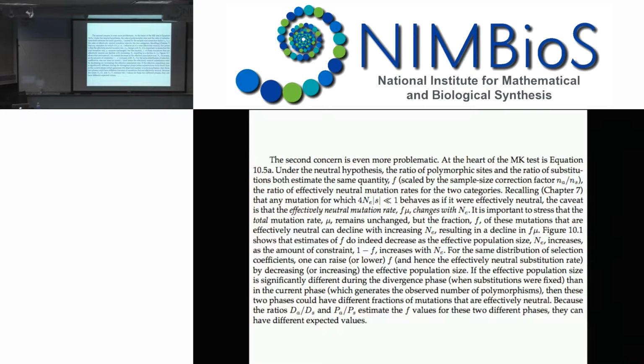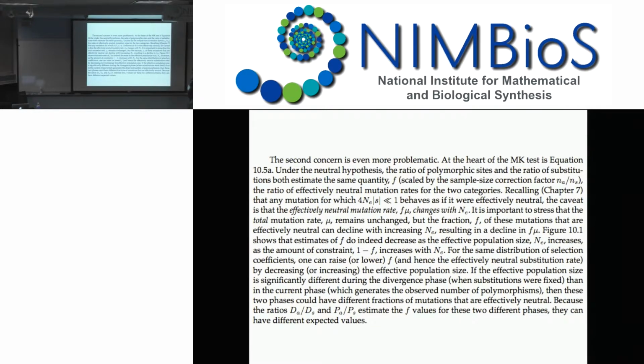We've already seen one way that can break down, because you could have alleles which are effectively neutral to the point that you'll see them as being polymorphic in a sample, but those same alleles aren't effectively neutral in the chance you'll ever see them substitute.